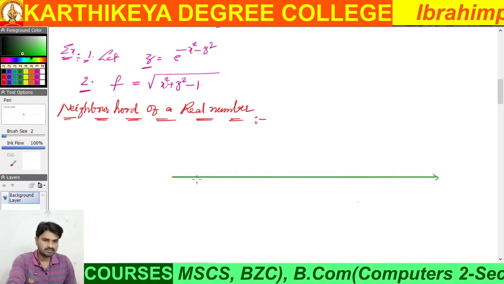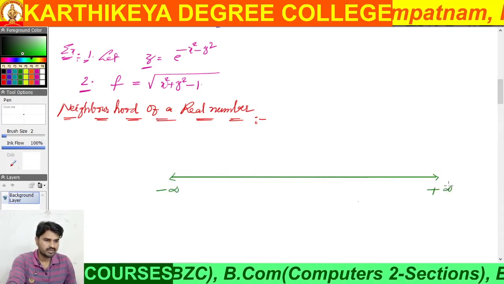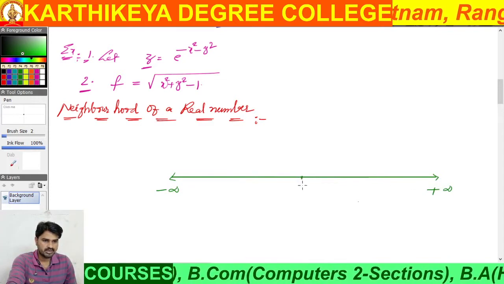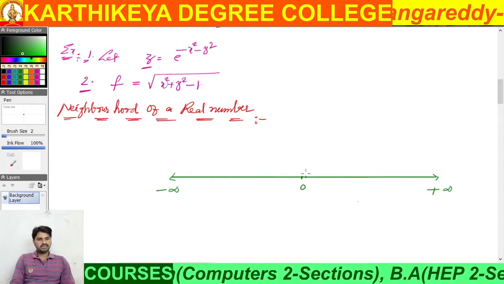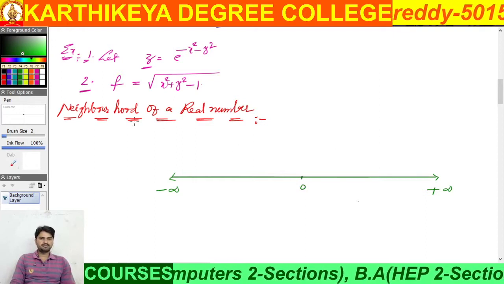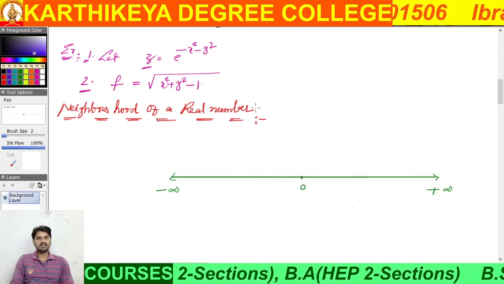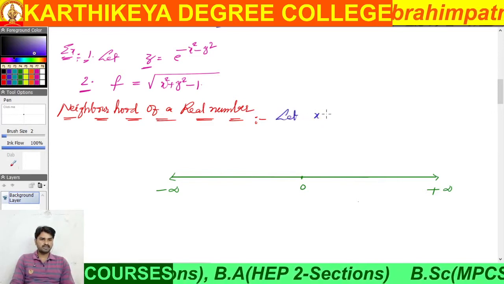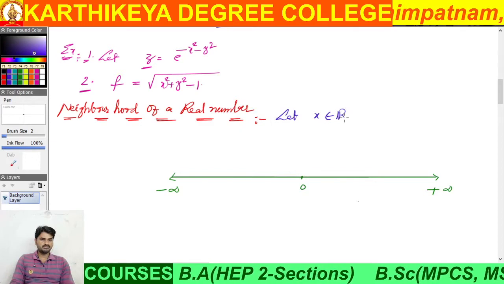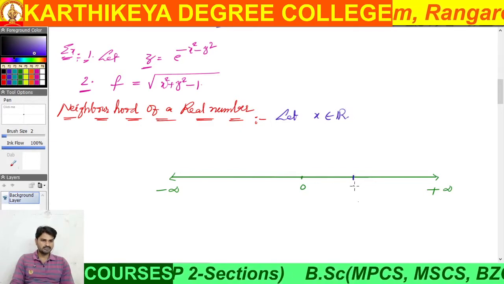We know that the real line starts from minus infinity to plus infinity. Here also the middle value 0 is there. Right of the 0 is the positive part and left of the 0 is the negative part. So for the neighborhood of a real number, first of all let us take a number. Let x be a real number. So I have to take a real number x here.